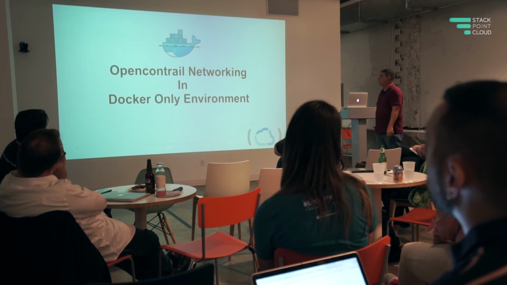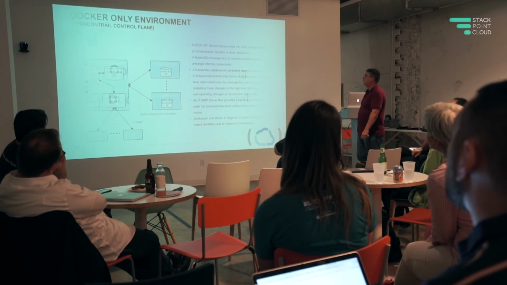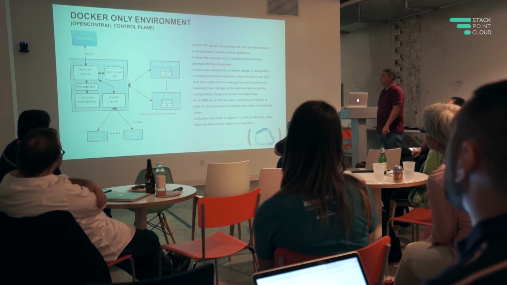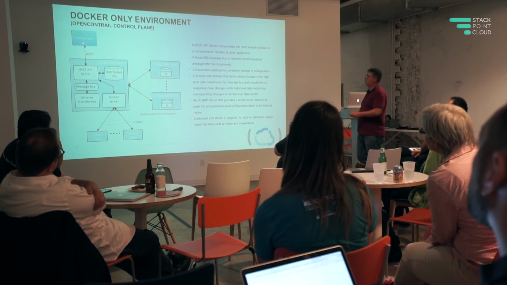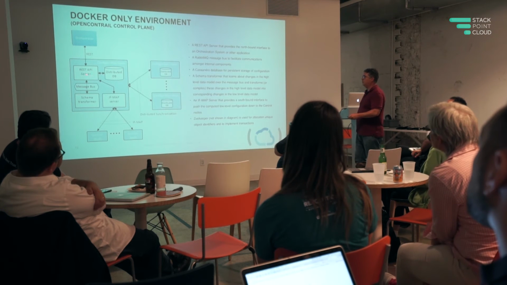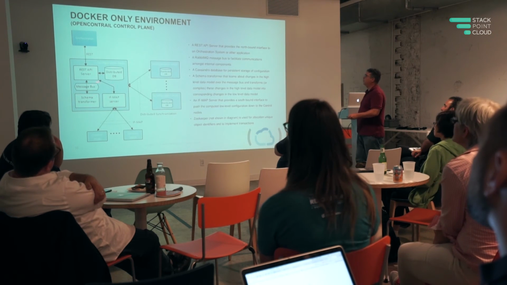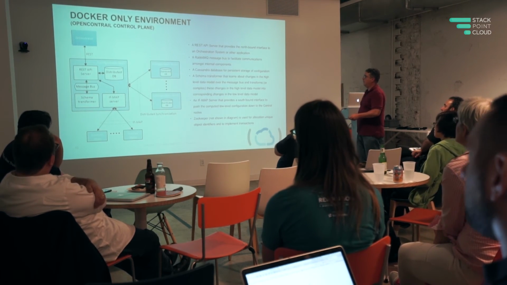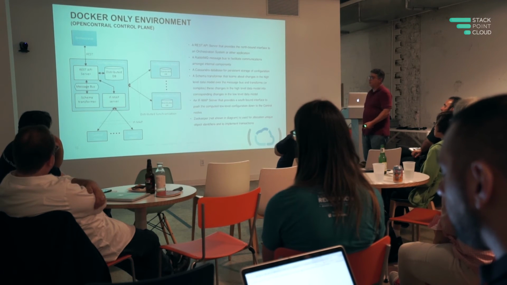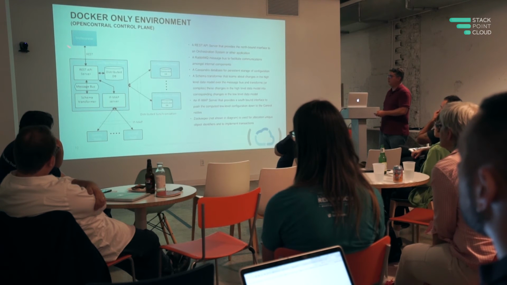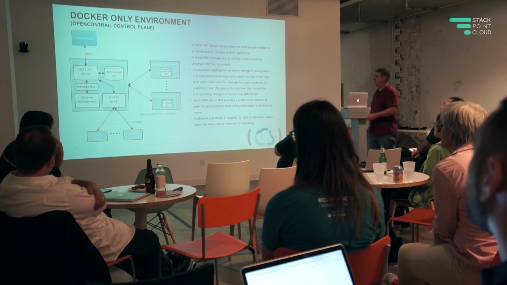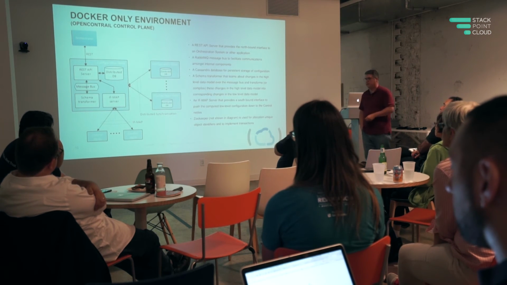All right, so in Docker only. I talked about this a little bit on the control plane. So orchestrator into Contrail for a config node. And the config node essentially is just a schema transformer, right? It's going to get the high-level service definition from the orchestration system. It's going to convert that into something the physical networking devices can understand, right?